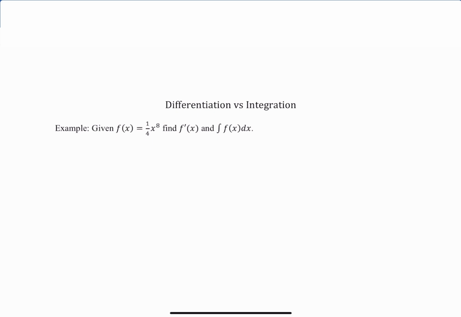So we're first being asked to find the derivative, f prime of x. And for that we use our differentiation rules. The constant coefficient just comes along, and then we use the power rule on x to the 8th, and the power rule says bring the power down front and subtract 1 from the power.